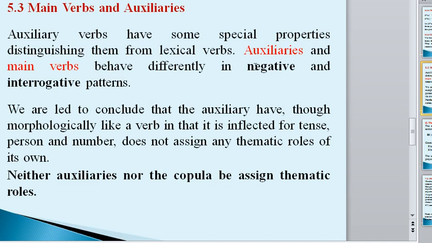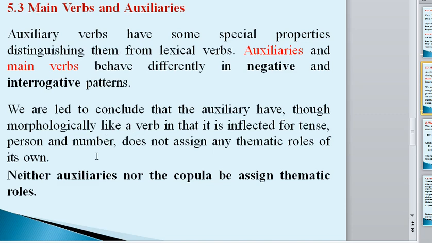So in negative and interrogative patterns, the behavior of auxiliaries and main verbs is different. So we are led to conclude that an auxiliary like have, though morphologically like a verb in that it is inflected for tense, person, and number, doesn't assign any thematic roles of its own.